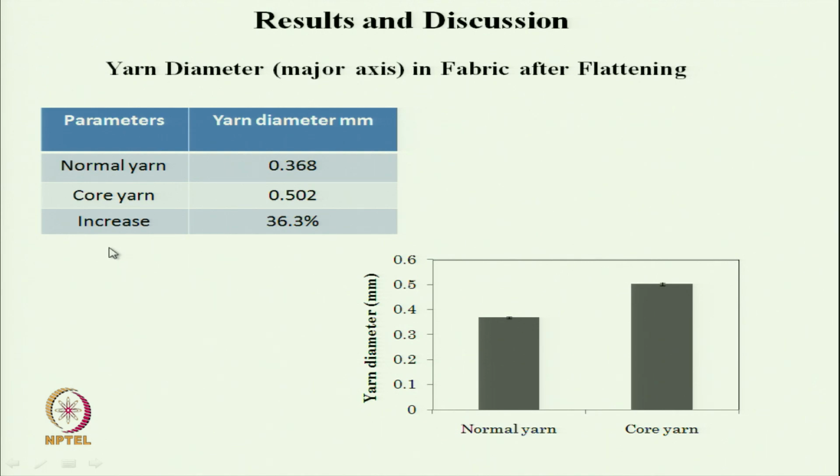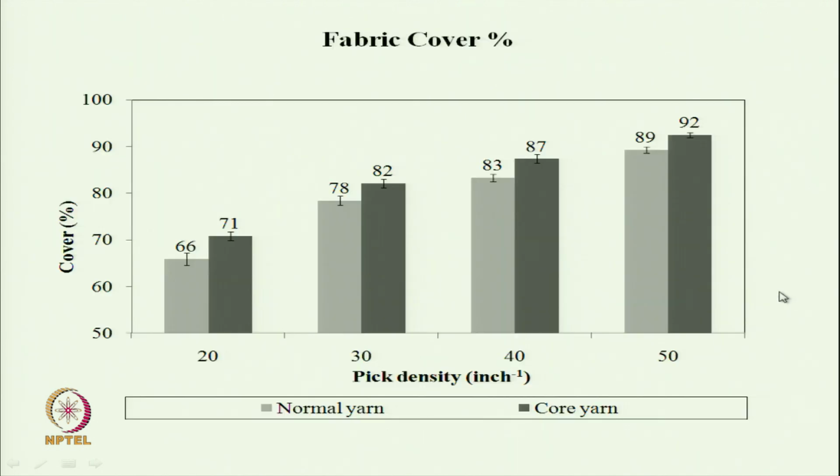So, there is a 36% increase in the measured axis diameter. That is why the cover percent is always higher than the normal yarn, and the cover percent also increases with the increase in pick density.